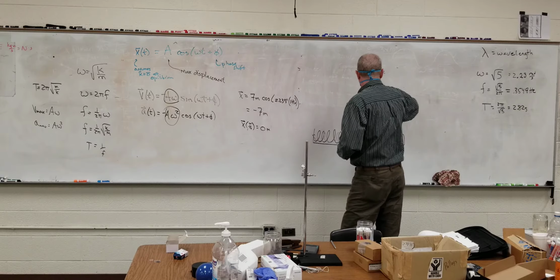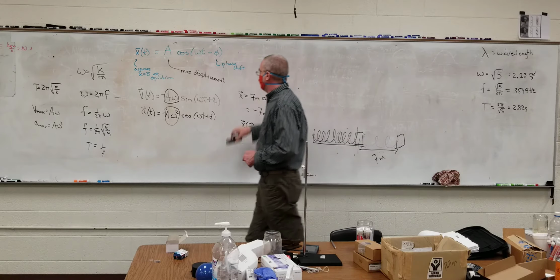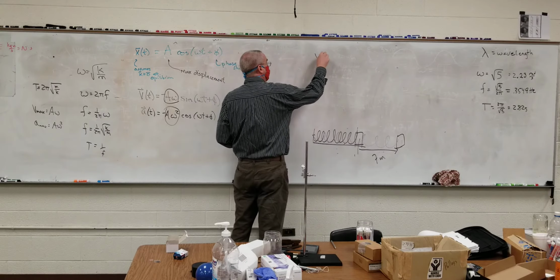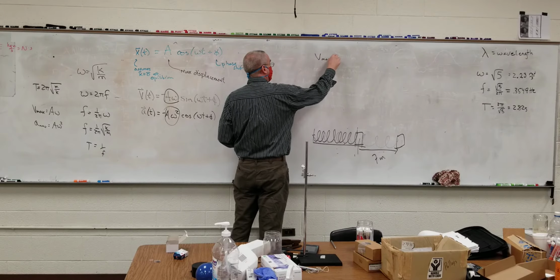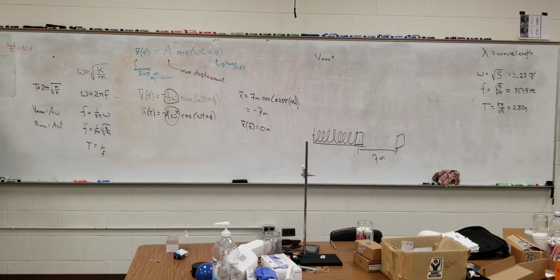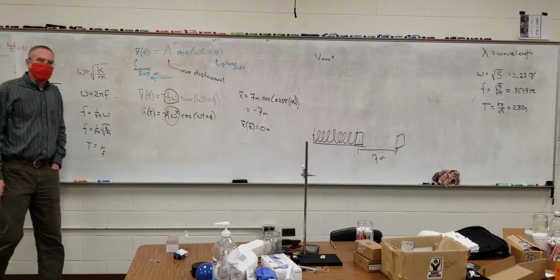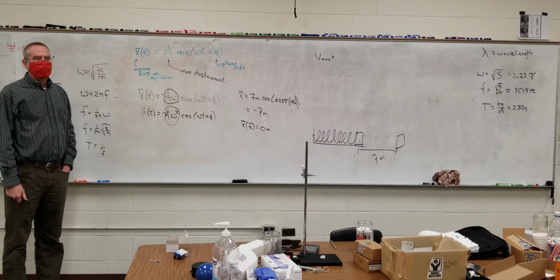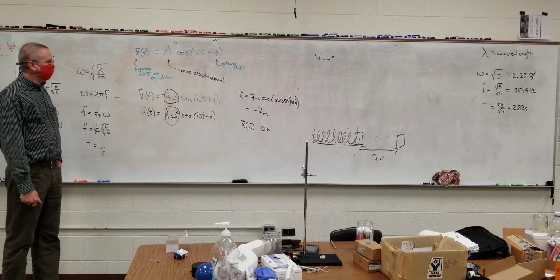Starting conditions, good enough. I'm gonna leave the picture there. All right, that should be enough room. Vmax. Maximum speed. Where is the speed to maximum? Or what is it? How would you find it, given what we know?